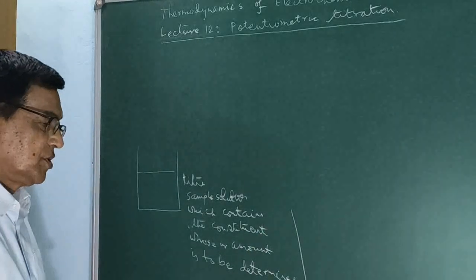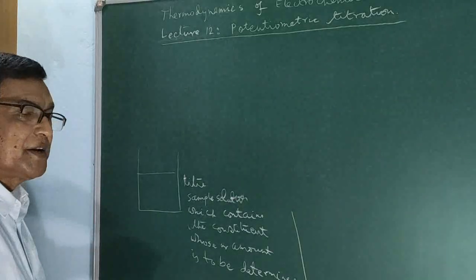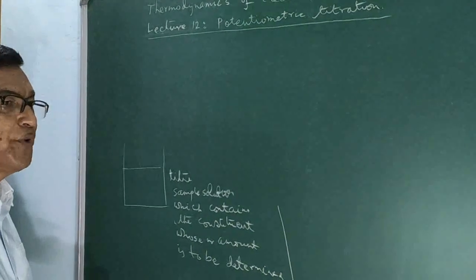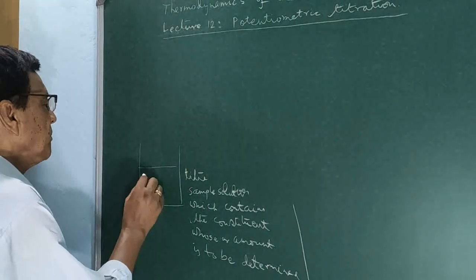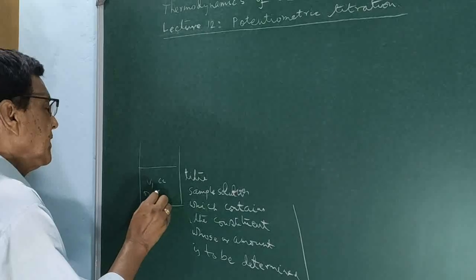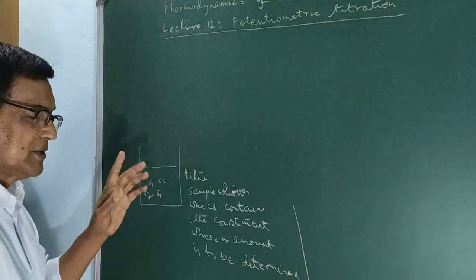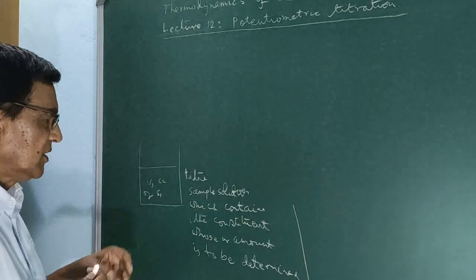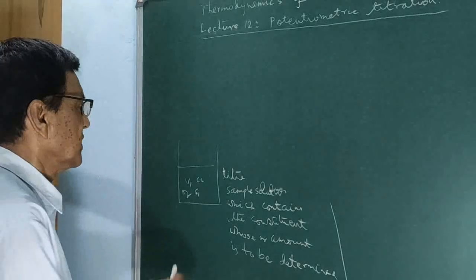A known amount of this sample solution is taken by means of a pipette, and let it be V1 cc of strength S1. This is the volume and S1 is the strength of this constituent whose value is not known to us.